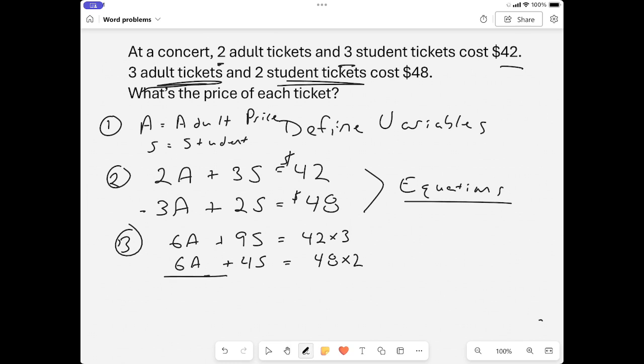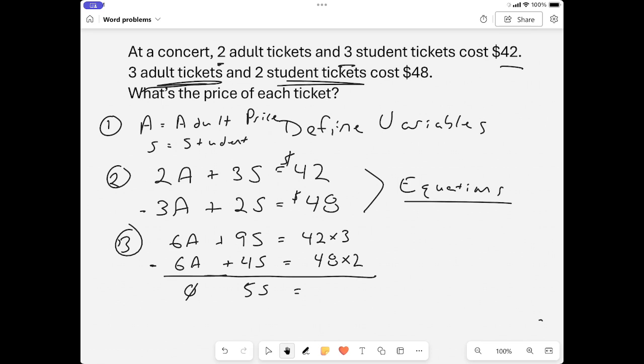But now what I've got is these two different equations, and I can subtract the two. Because if I have 6a minus 6a, this is left as 0. 9s minus 4s is left with 5s, and then it's going to be this total over here. I'm just going to pop out my calculator really quickly so I do this correctly.